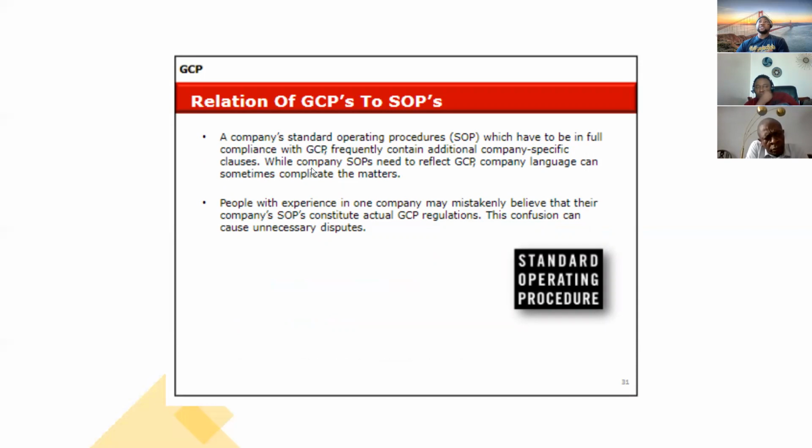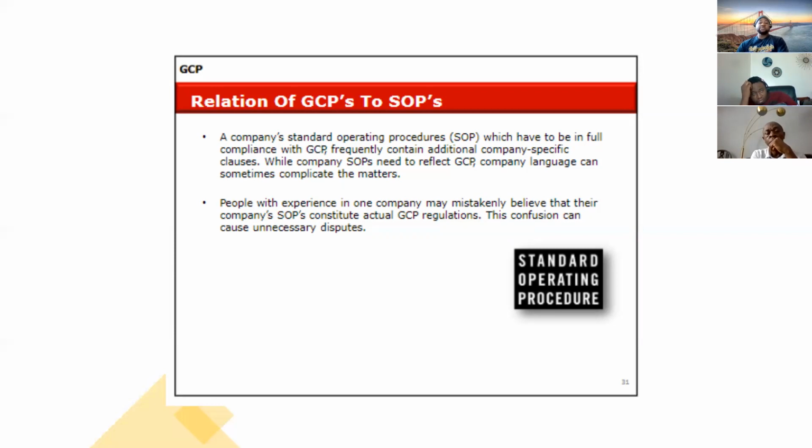A company's standard operating procedures which have full compliance with GCP frequently contain additional company-specific clauses, of course, because an SOP is particularly targeted for the company itself, but GCP is like a generalized guidance that every institution must adhere to.